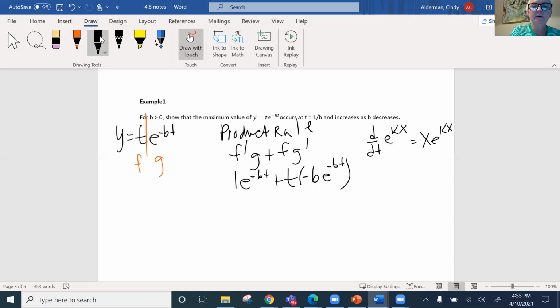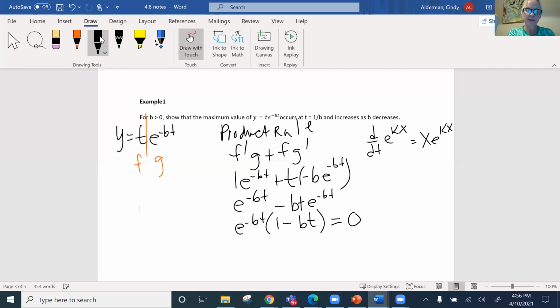So let's write that a little more simply. e to the negative bt, this would be minus b t e to the negative bt. And then of course you can factor out e to the negative bt to get that times 1 minus bt. And now I can set that equal to 0 and solve for t.